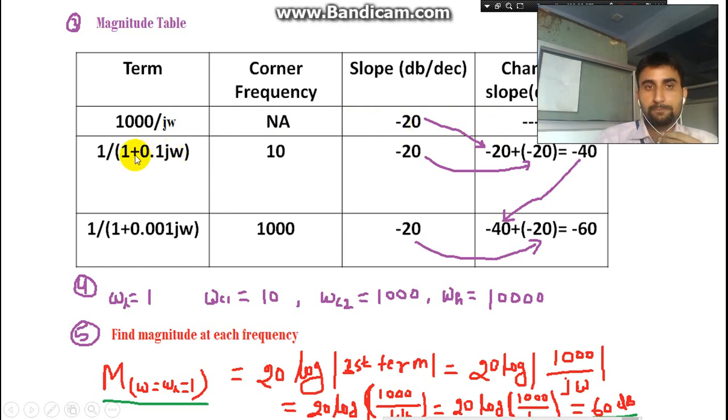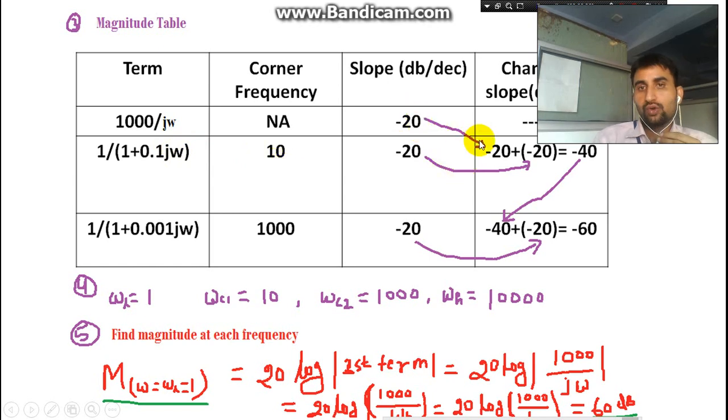Now the second term will be, because this is comparably the first corner frequency, we'll take this one first: 1 divided by 1 plus 0.1 j omega, with the corner frequency 10. It also contributes minus 20 dB per decade slope, because the j omega term is in the denominator.